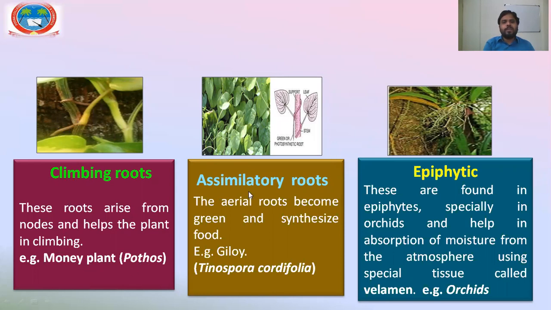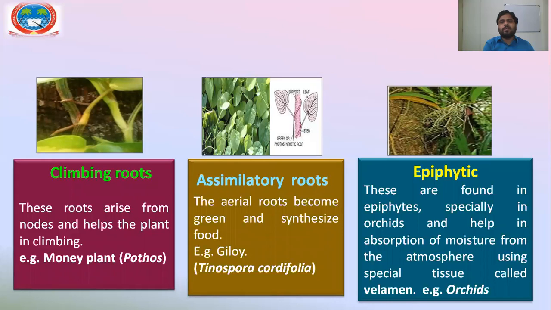The next one is the assimilatory root, also called the photosynthetic root. This is also an exceptional case, an exception to one important character of roots: generally roots are non-green in color, but in certain plants the roots are green. They bear chlorophyll pigment, so the roots are responsible for photosynthesis.